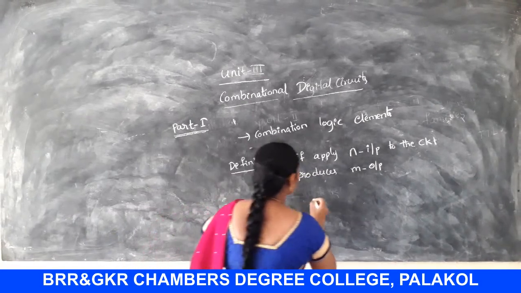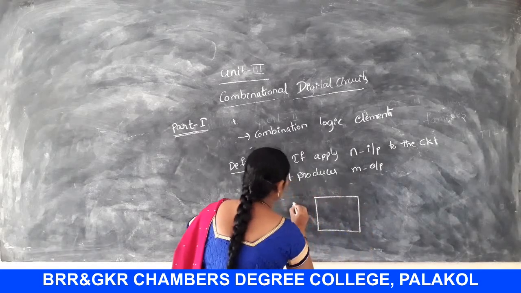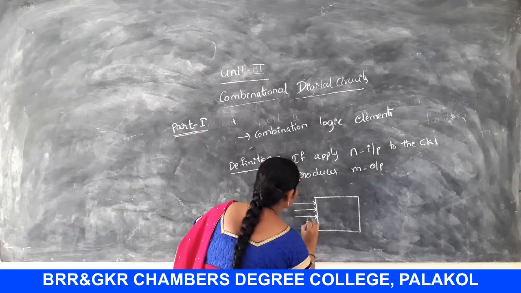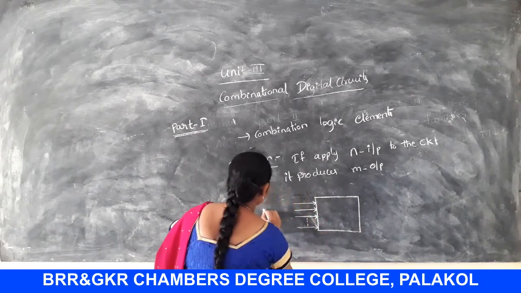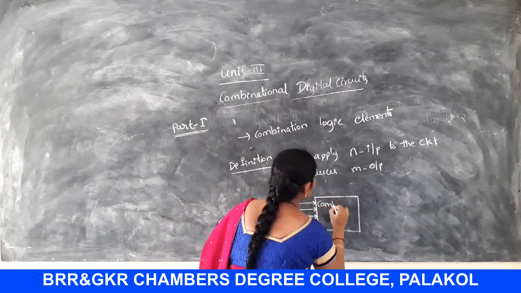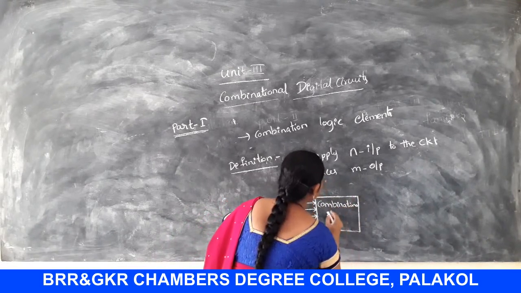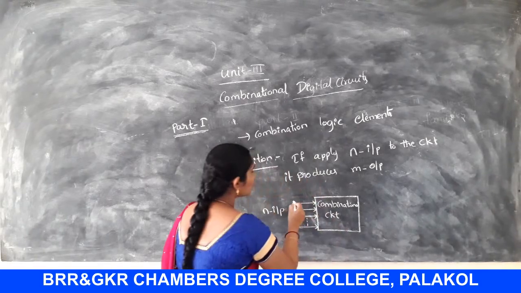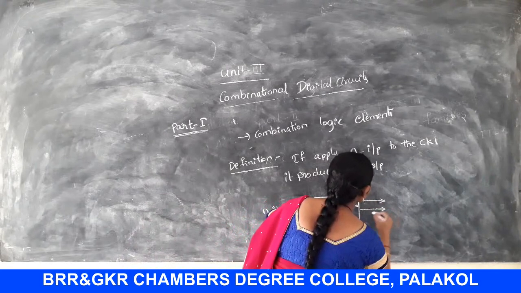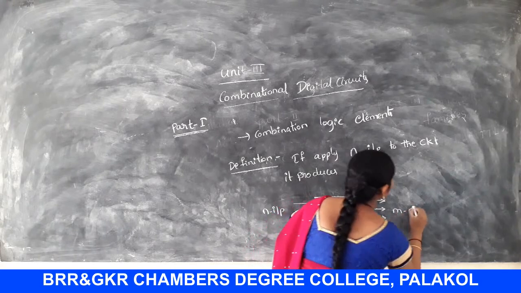Coming to the block diagram of this combinational circuit, we are applying n number of inputs here. This is a combinational circuit. When we apply n number of inputs, it produces m number of outputs.